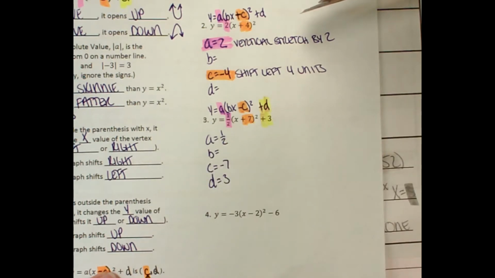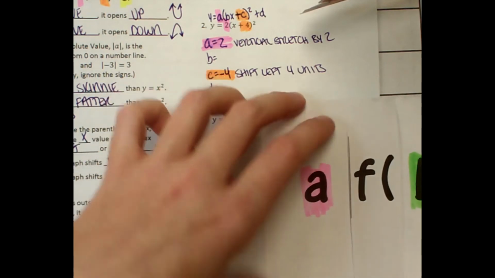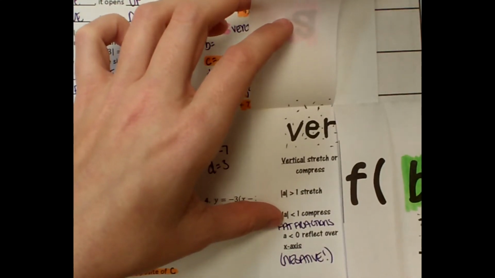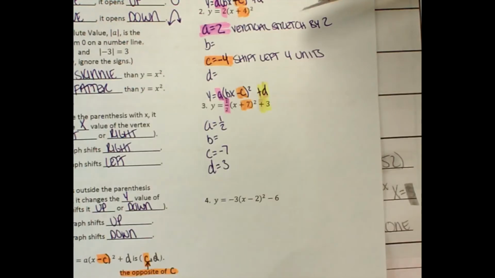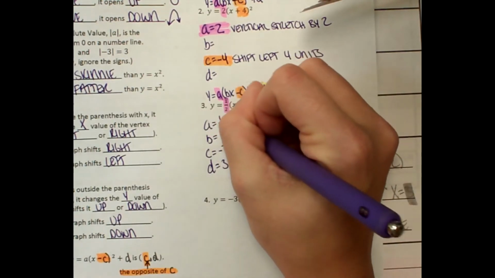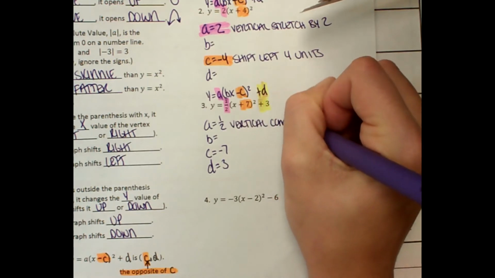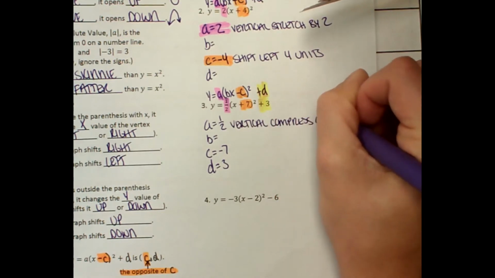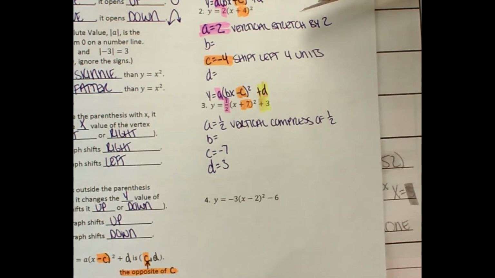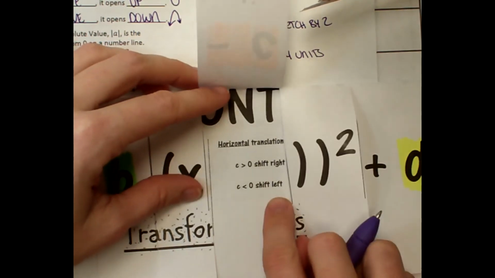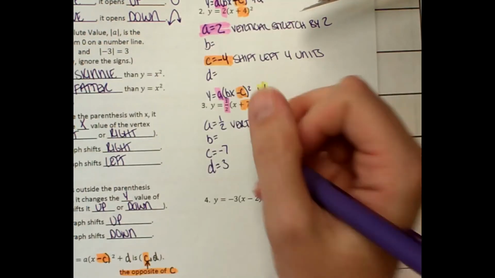So using our foldable for the A is a fraction. If it's a fat fraction, it's a vertical compress. So vertical compress of 1/2. If C is a -7, it's a horizontal shift left because it's negative. It's less than 0.